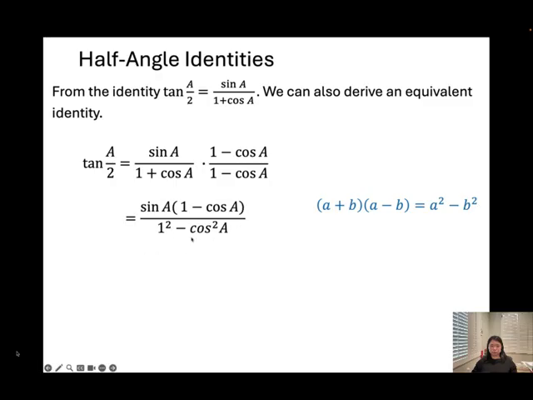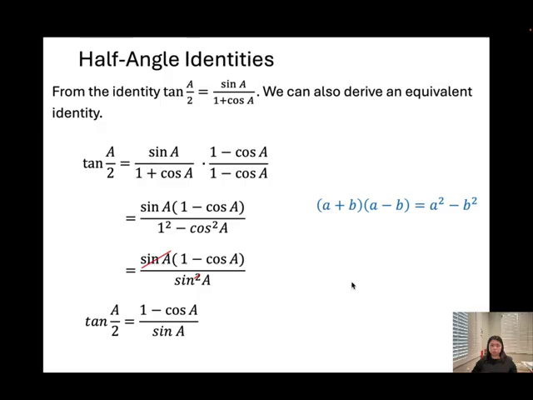Remember the identity: cosine squared x plus sine squared x equals 1. So 1 minus cosine squared x equals sine squared x here. Then we simplify one of the sine a. So this is the third formula for the half-angle identities for tangent.